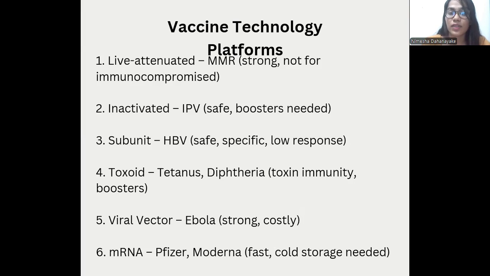These are newer types of vaccines that use genetic material, mRNA, to teach our cells how to make a protein from the virus. They are very fast to produce, but they need to be stored at a very cold temperature. The Pfizer and Moderna COVID-19 vaccines are the most famous examples.